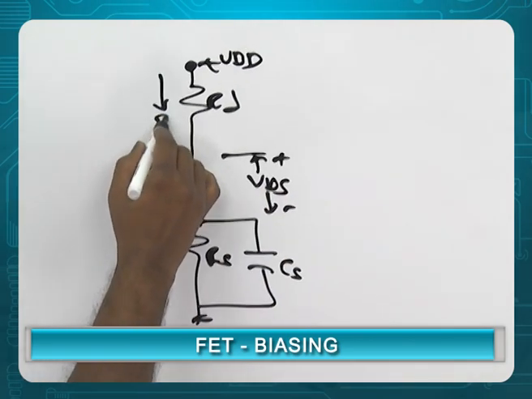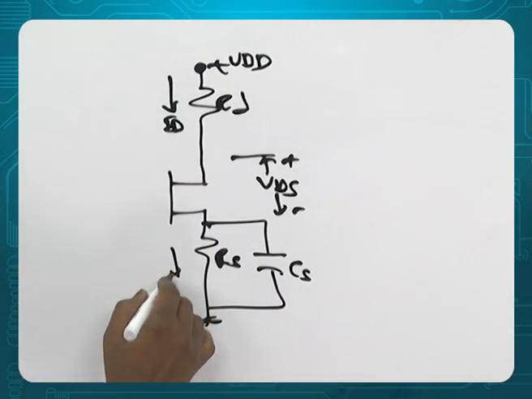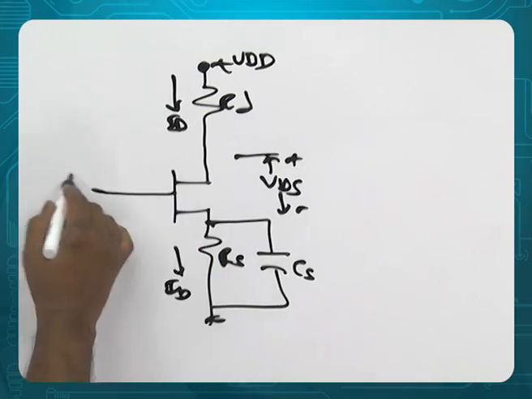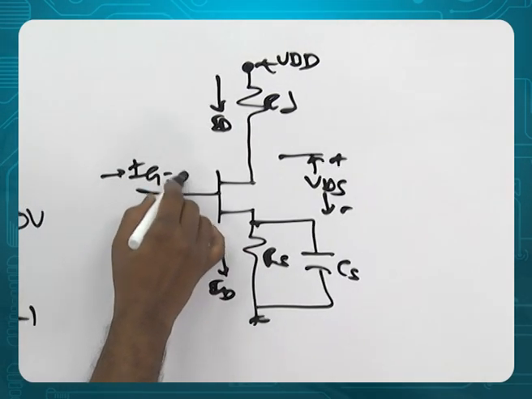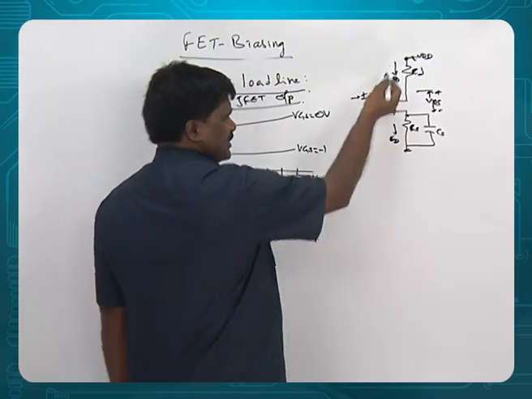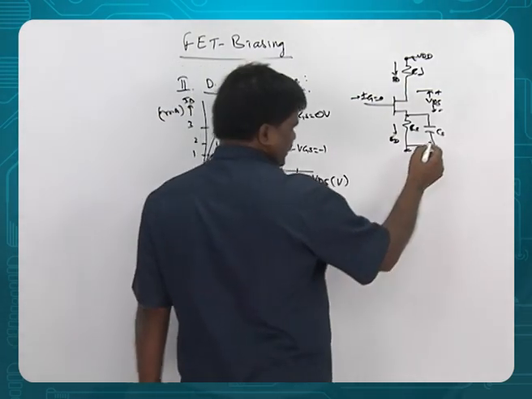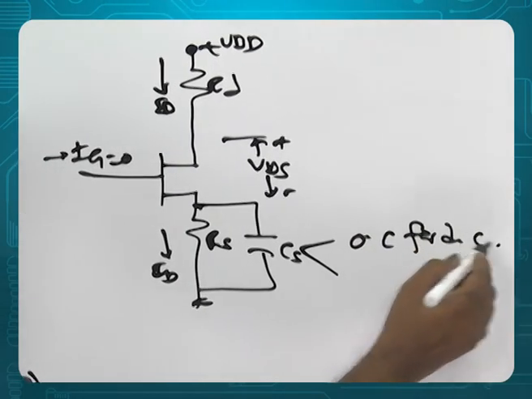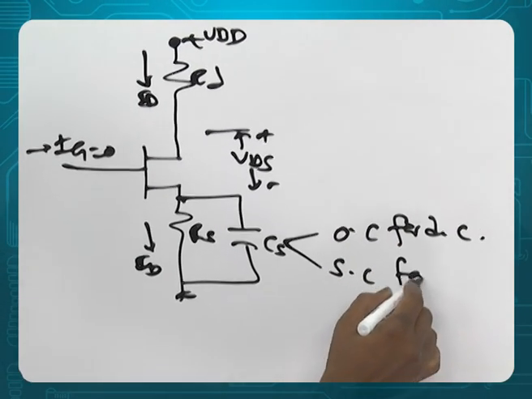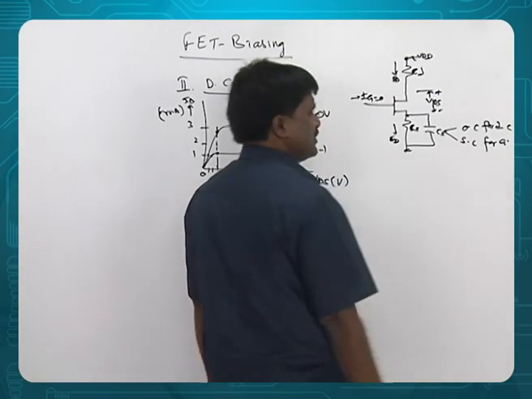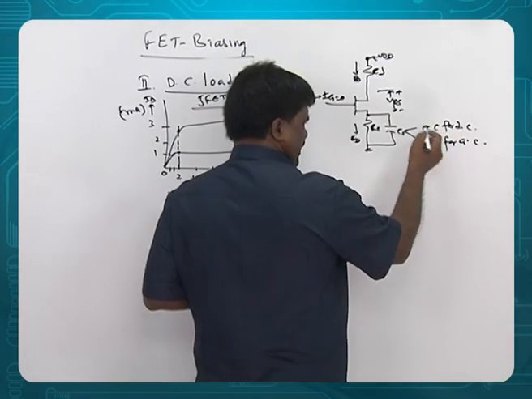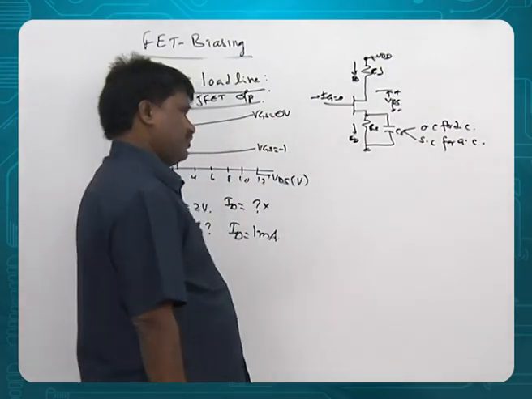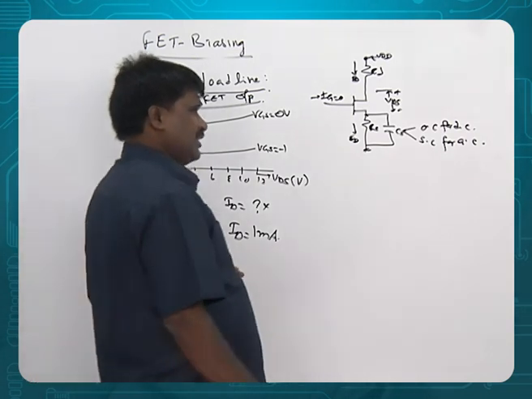VDS, ID. Because generally gate current is 0, the same current comes here. And this capacitor is open circuit for DC, short circuit for AC. For DC, the capacitor is open. For AC, the capacitor is short.